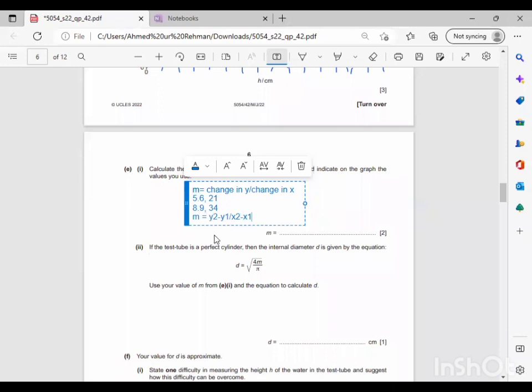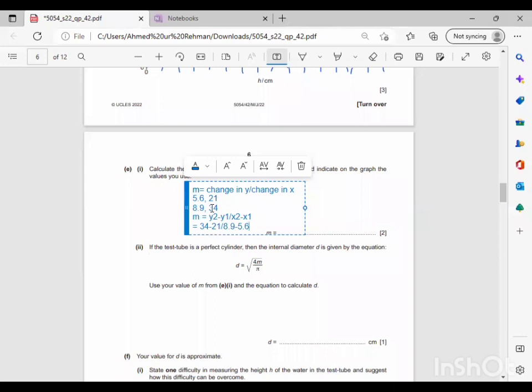Right now I am considering these values as x2 y2, so y2 is going to be 34 and y1 is going to be 21, upon x2 is going to be 8.9 minus 5.6.